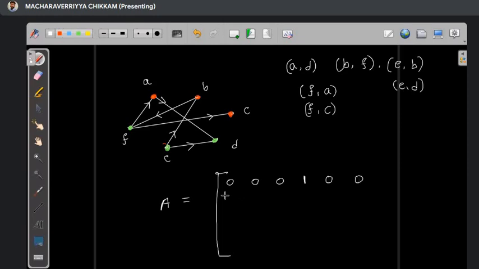Next, 0, B is connected to F, so 0, 0, 0, 0, 1. And next, there is no edge starting at C, therefore all these will become 0. And how about D? I think there is no edge starting at D also, so the fourth row is also 0.